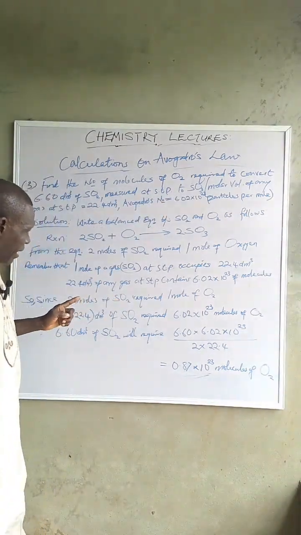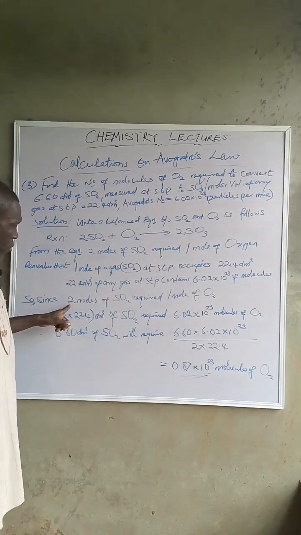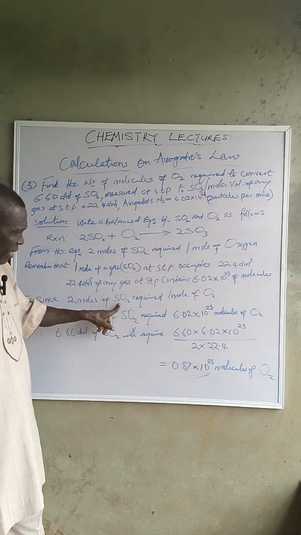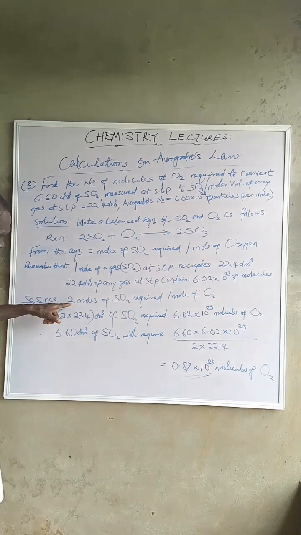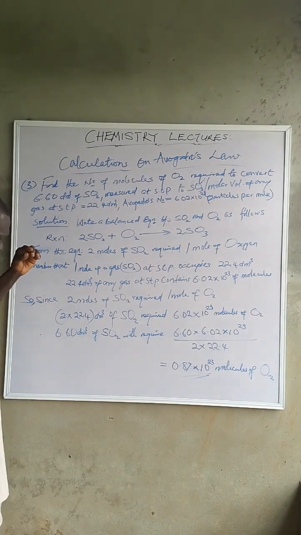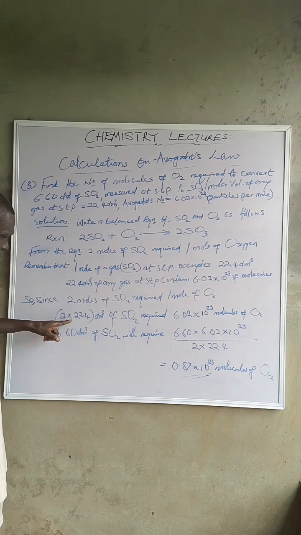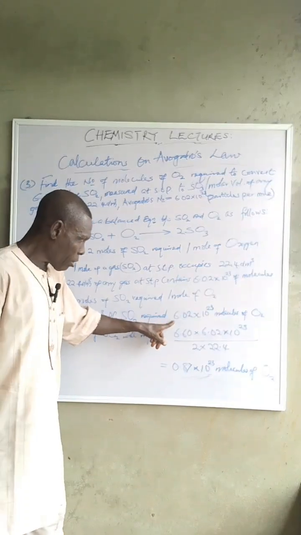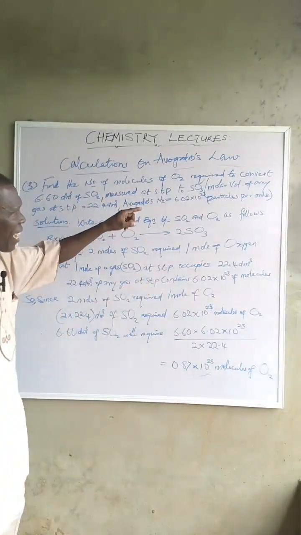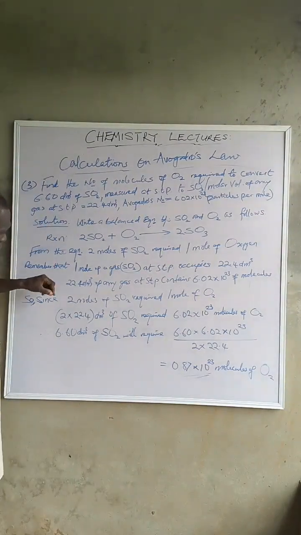You have seen that 2 moles of this gas require just 1 mole of oxygen. So 2 times 22.4 of the volume of this gas requires this amount of moles.